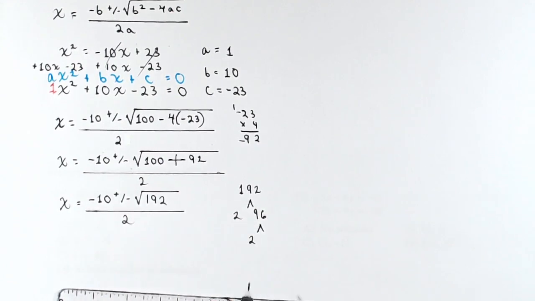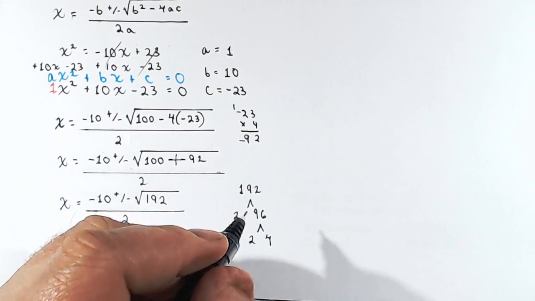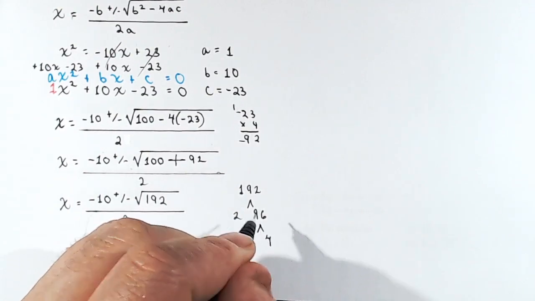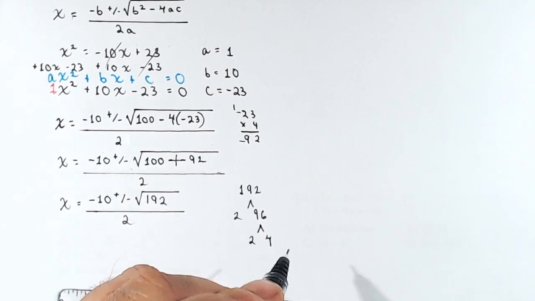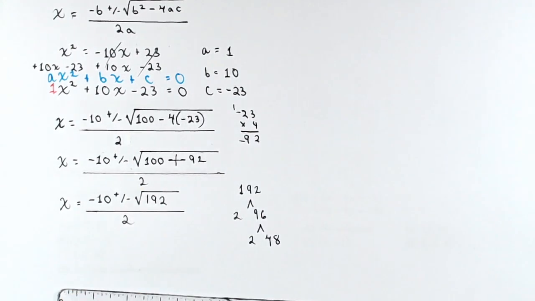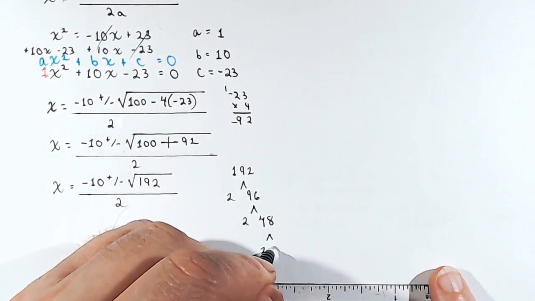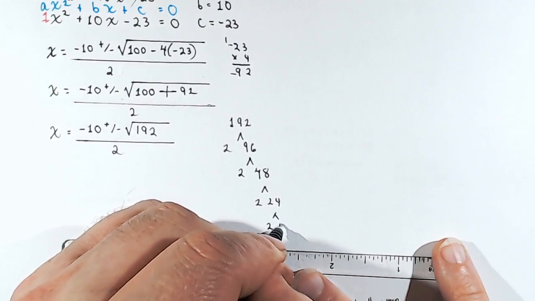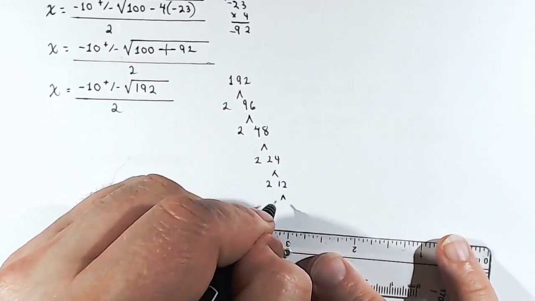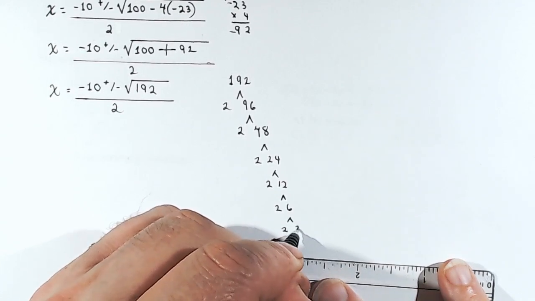So 2 goes into 9 4 times with 1 as a remainder. 2 goes into 16 8 times with no remainder. So now we can get going really fast. That's 2 times 24, which is 2 times 12, which is 2 times 6, which is 2 times 3.